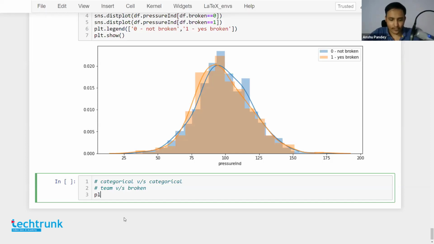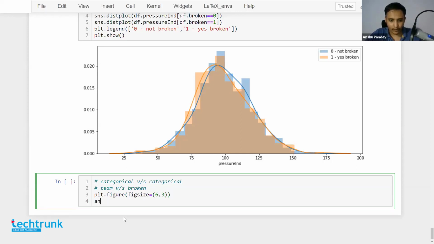So let's say we can first draw the plt.figure, figsize equals (6, 3), and sns.countplot.